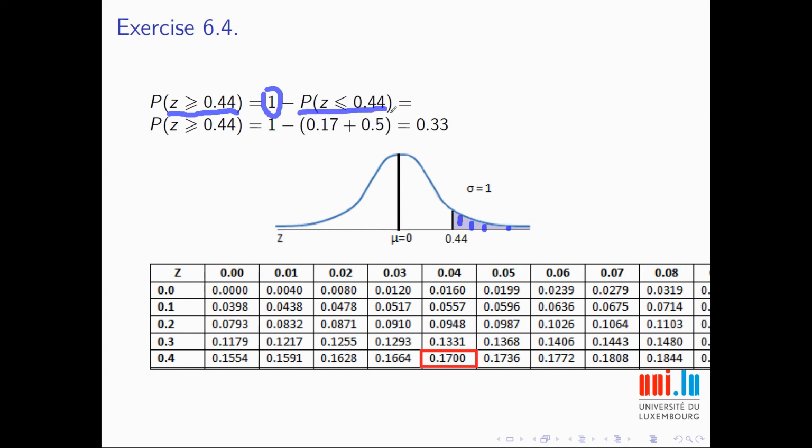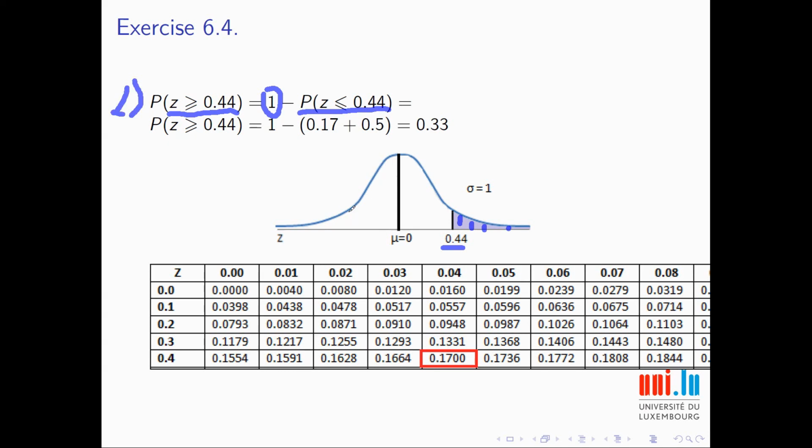is equal to the probability that our random variable lies to the left of this quantile. And this is the first step you have to do. And next you have to use your table.